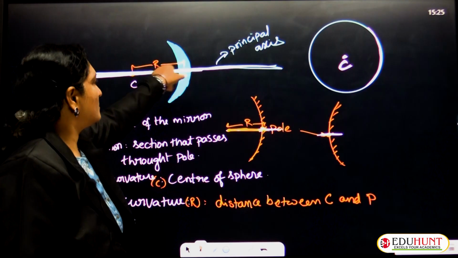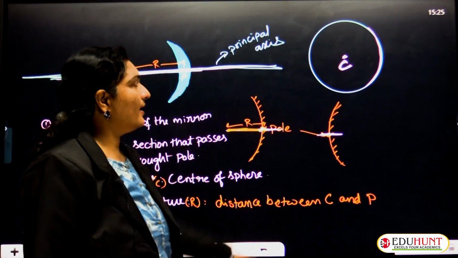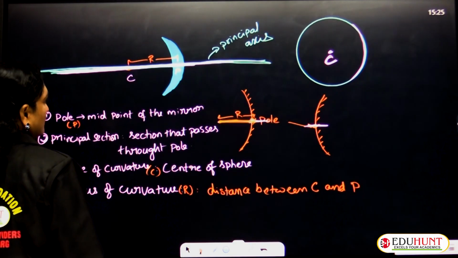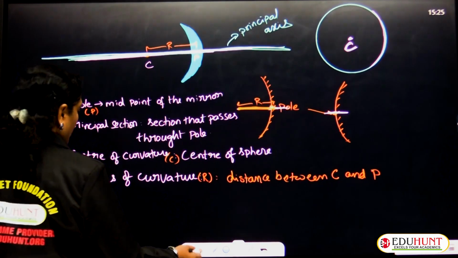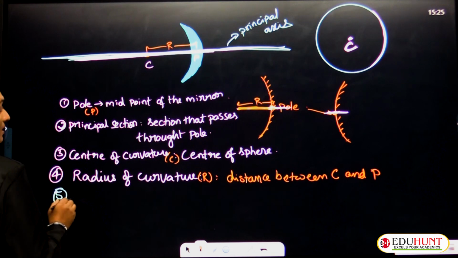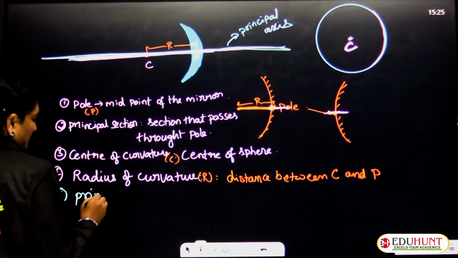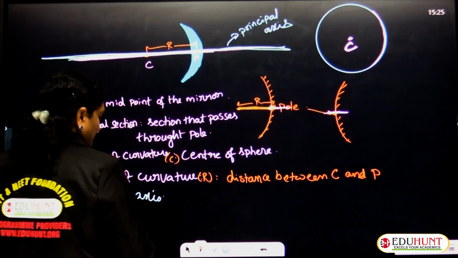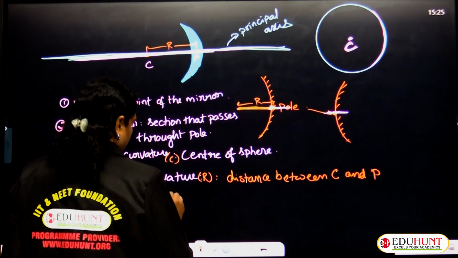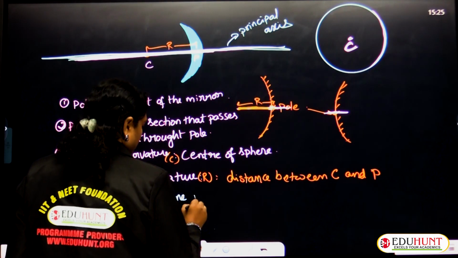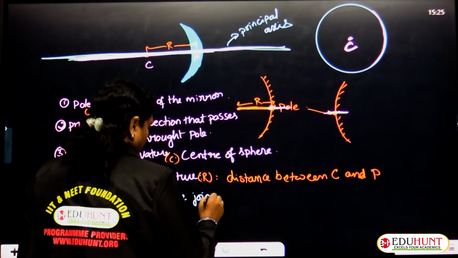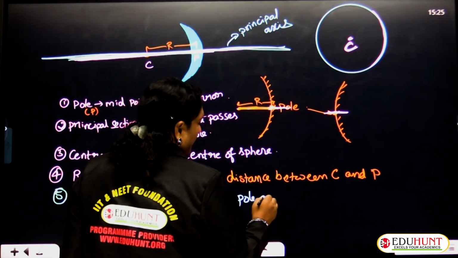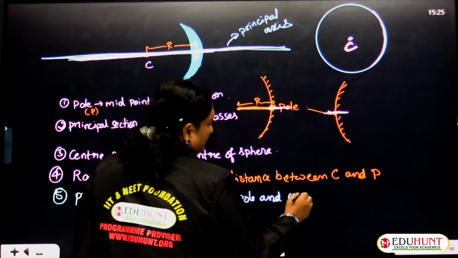The line passing through the center of curvature and the pole of the mirror is called the principal axis.